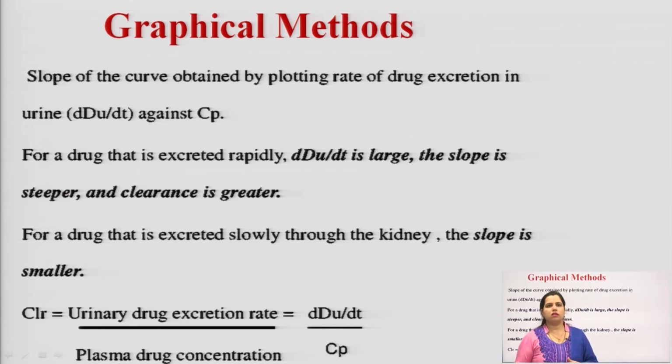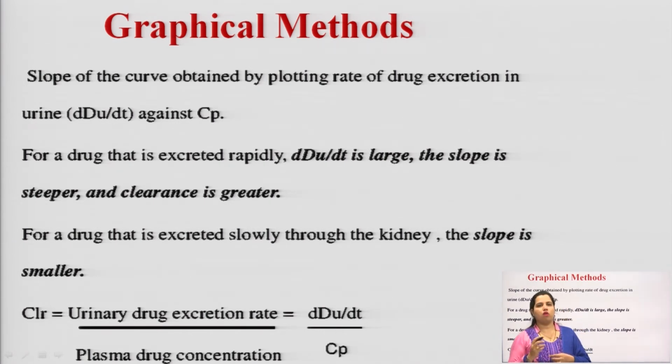For a drug that is excreted slowly through the kidney, the slope is smaller. So, if the drug is excreted rapidly, the clearance will be greater, and if it is excreted slowly through the kidney, then the clearance will not be so much.